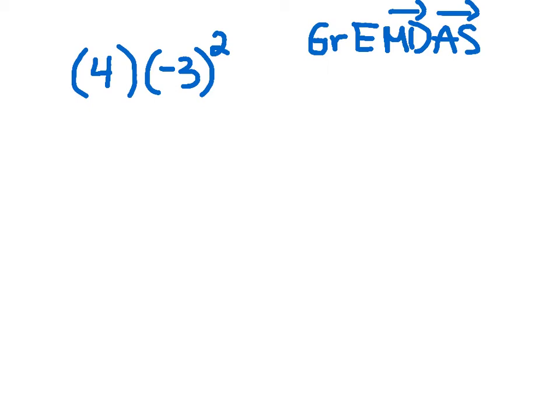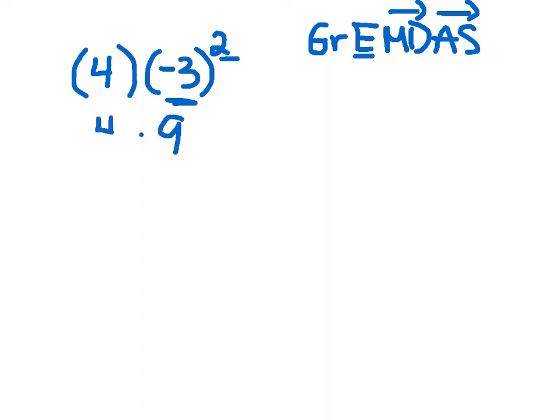So these are not grouping symbols because there's nothing going on inside. Therefore, our first step is exponents. If I have a negative number raised to an even power, that makes it positive. 3 squared is 9. Negative 3 squared is also 9 because it's an even exponent.